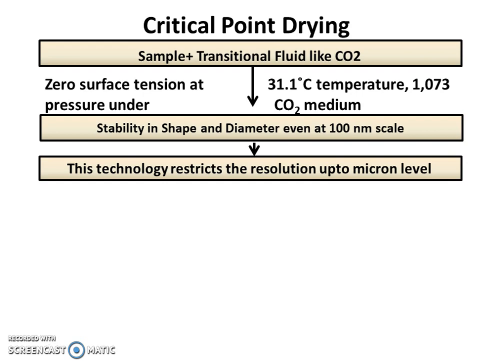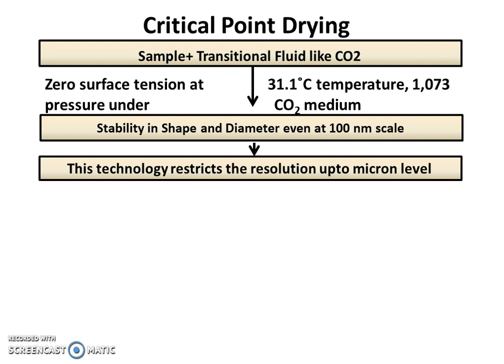This treatment basically keeps the stability in shape and diameter even at 100 nanometer scale. So in this way, this technique is very important to preserve the original shape of biomaterials for SEM scanning.